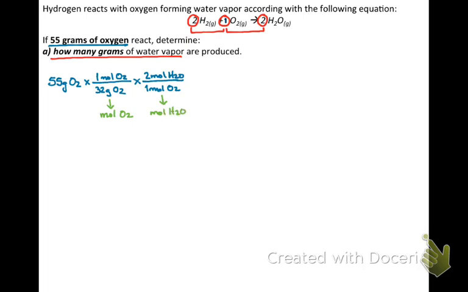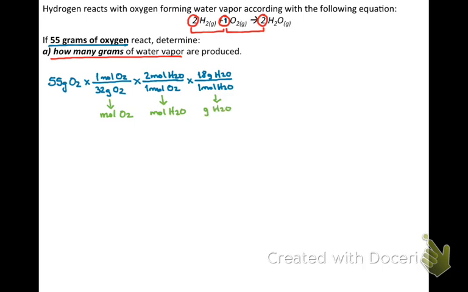But I want grams, so I can continue here, and now I will use the molar mass of water, that is 1 mole of H2O equals 18 grams. And now the result, if I stop here, will be grams of H2O.